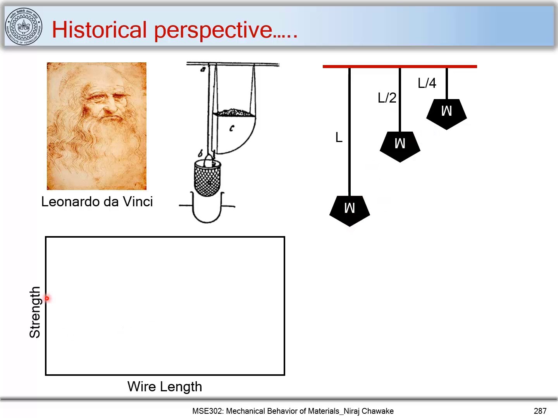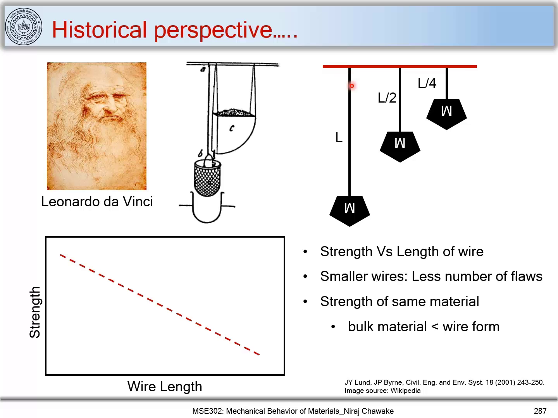When he plotted strength versus wire length, he found that strength decreases with increasing wire length. That means this wire demonstrated a higher strength or stress as compared to this wire, which has a higher length. He concluded that smaller wires have fewer flaws, and this is a very important point.